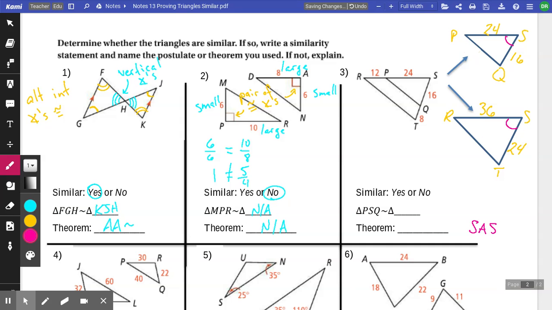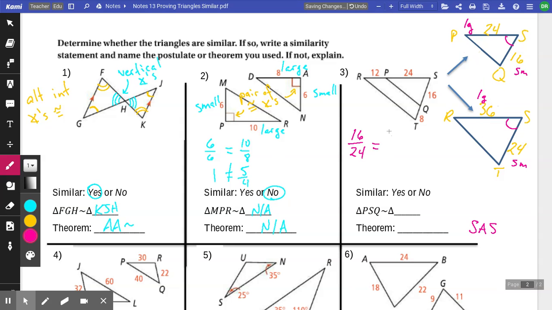So let's check if our sides are proportional. We'll do that comparison. Smaller side here to the smaller side here. So 16 compares to 24. And we'll compare the larger side in this one to the larger side in this one.